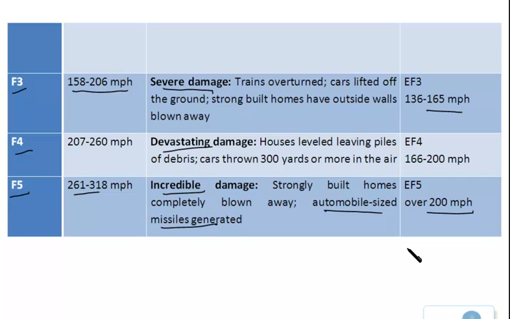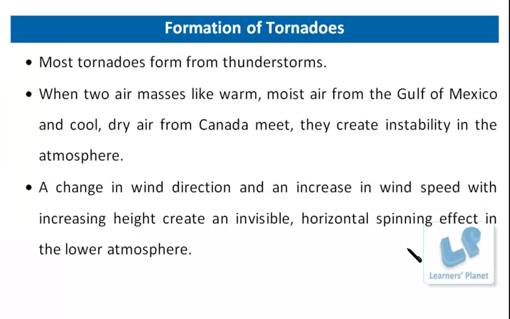Now this is what we call the measurement, and the intensity of tornadoes is actually measured by the Fujita scale. But have we ever given a thought to how it is formed? So let us see the formation of tornadoes. Now, my dear friends, most tornadoes form from thunderstorms.